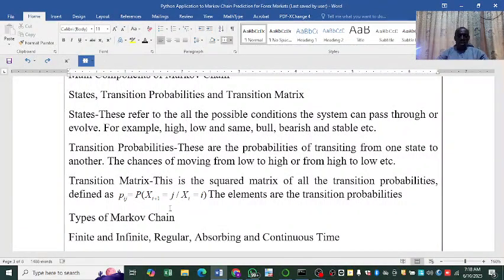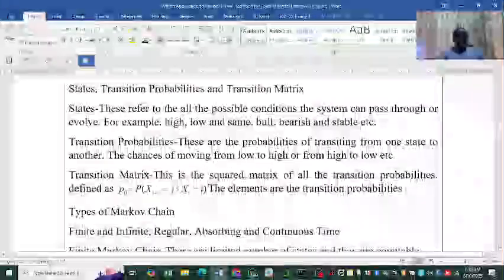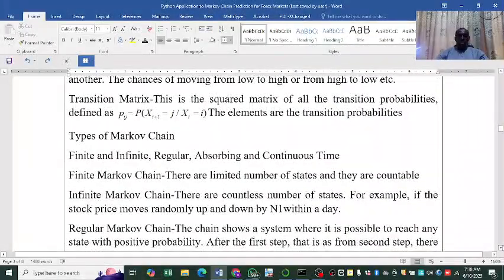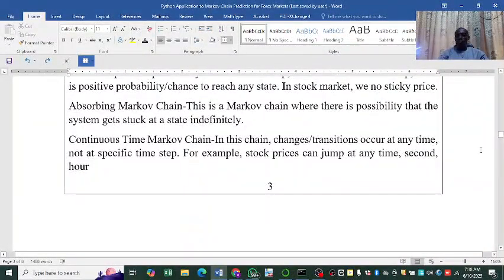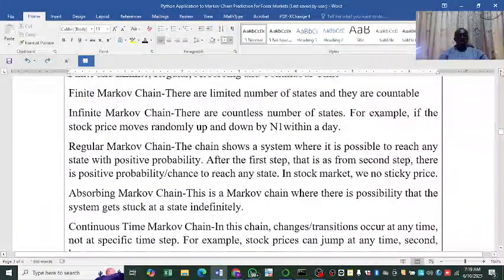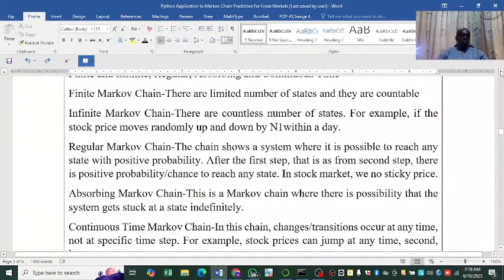Types of Markov chain. The first one we have here is the finite and infinite Markov chain. We have the regular, we have the absorbing, and we have the continuous time Markov chain. Then the finite Markov chain simply states that the numbers of states are known.